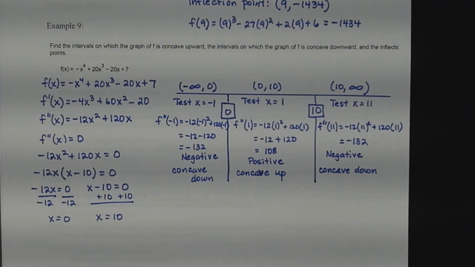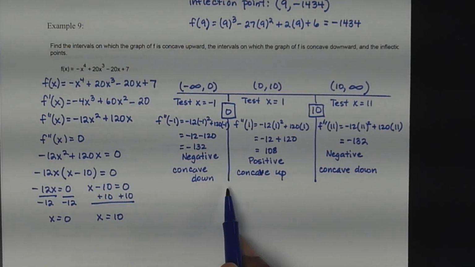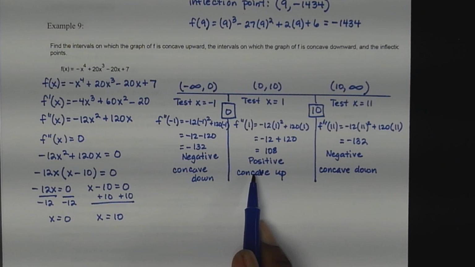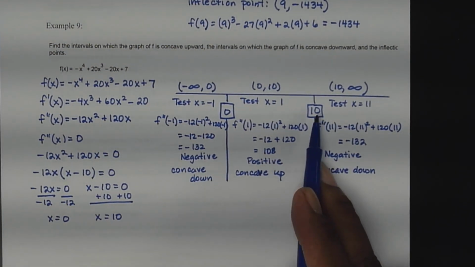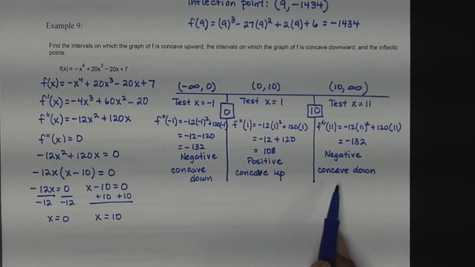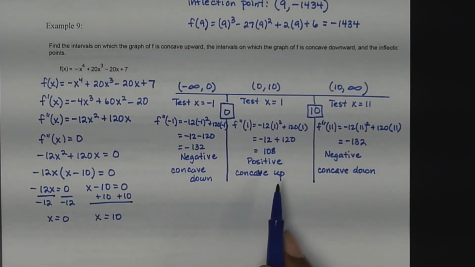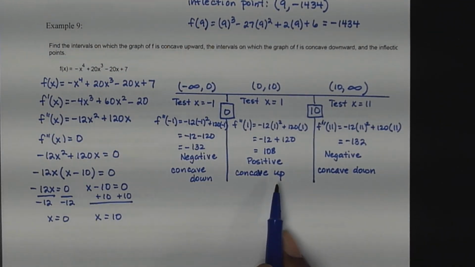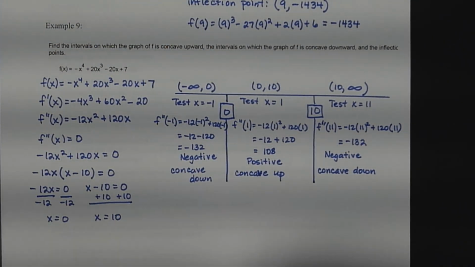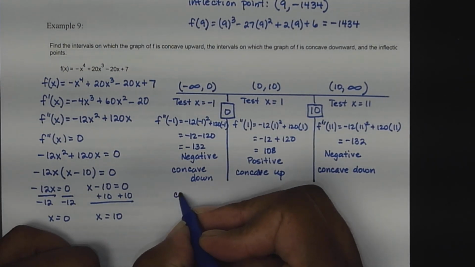So we do have a change in concavity at x equals 0 because to the left of it is concave down, to the right of it is concave up. Also, we have an inflection point at x equals 10 because there's a change in concavity as well. To the left of 10, the graph is concave up. To the right of 10 is concave down. So we're going to identify what's concave up.